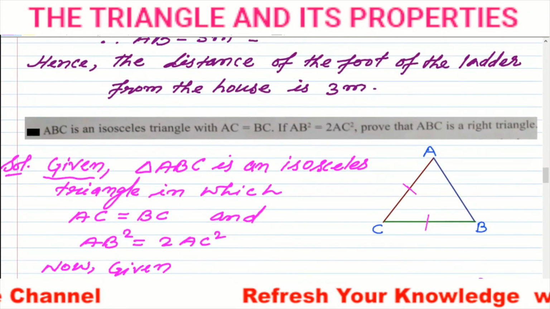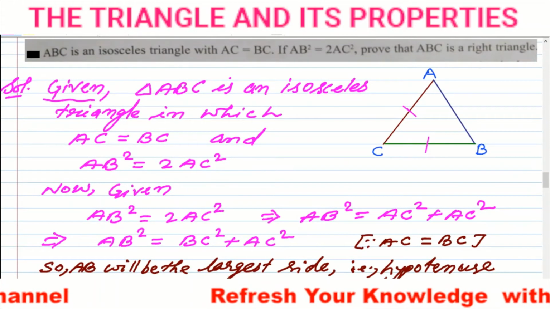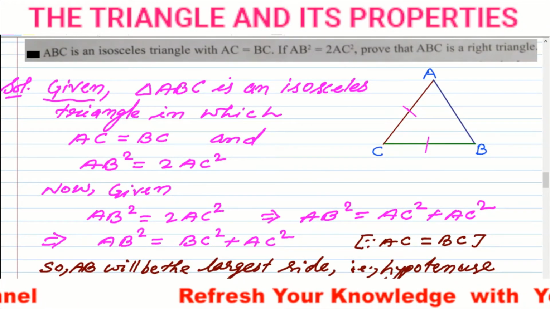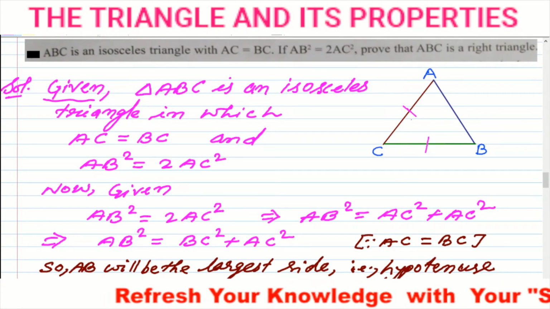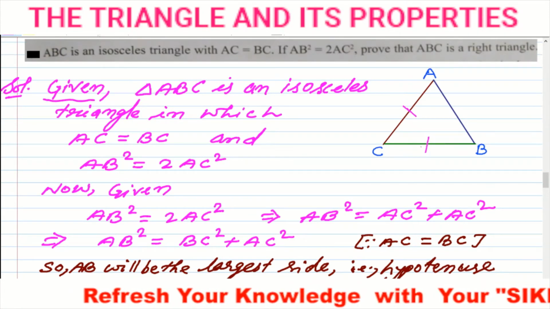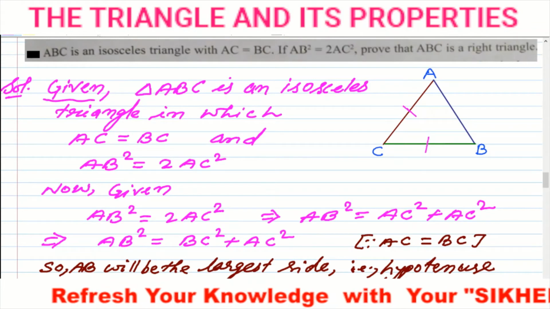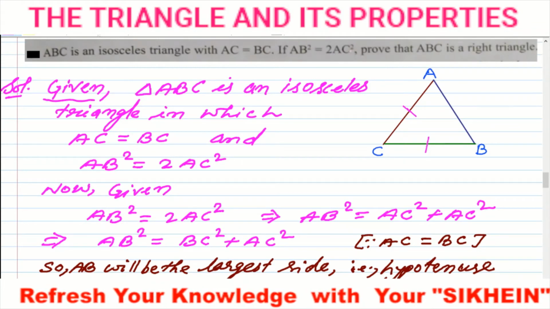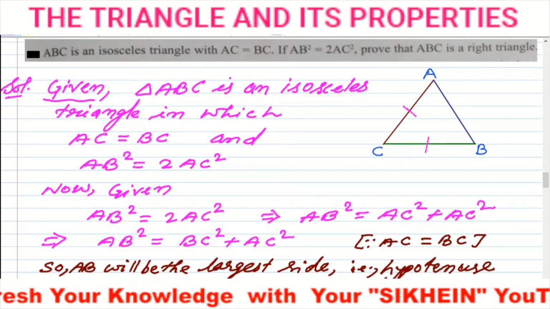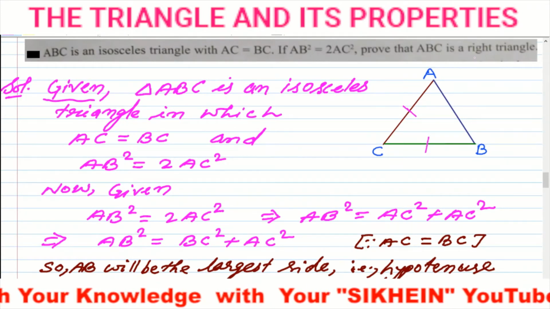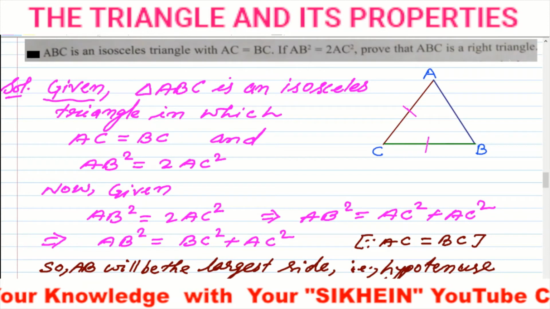Next question here. ABC is an isosceles triangle with AC equal to BC. An isosceles triangle has two sides equal. If AB square equal to 2AC square, prove that ABC is a right triangle.